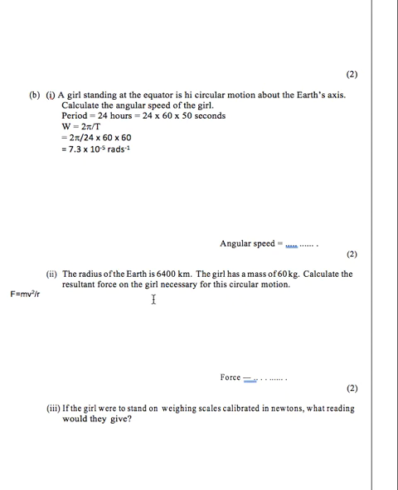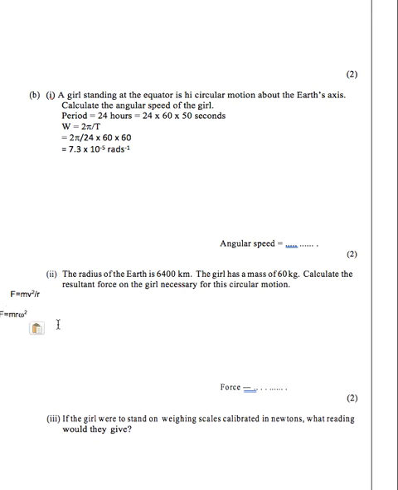And we have the angular speed rather than the linear speed. So let's convert that to F equals mr omega squared. And if we put in our numbers, we've got 60 times the radius, which is 6,400,000, that's meters of course, times the angular speed, which was 7.3 times 10 to the minus 5, squared.